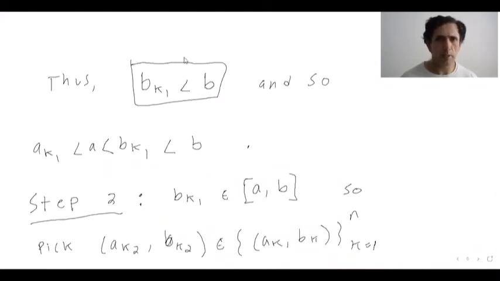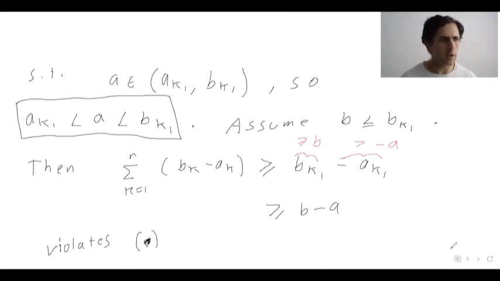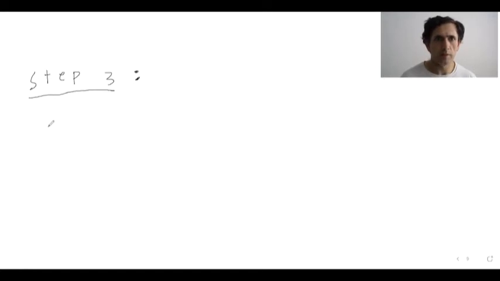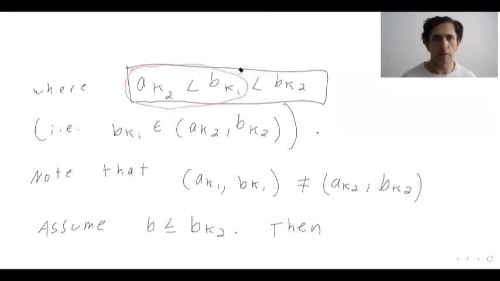Yeah, it is a bit easy to lose track of what's important here. Okay, so from step 1, remember that we have A is less than BK1. That's what's right here. From step 2, we have BK1 is less than BK2.